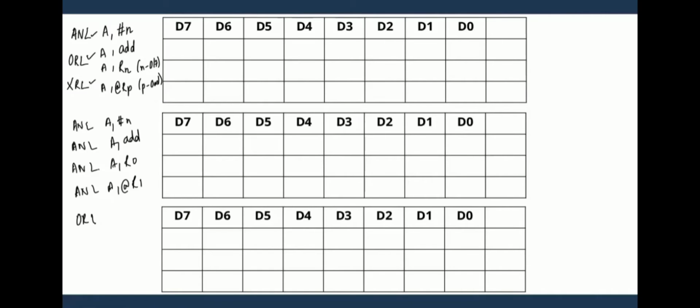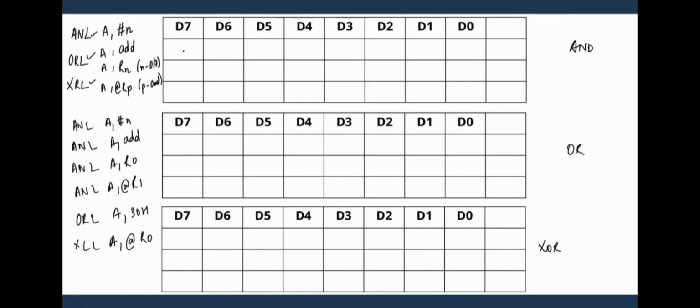Like that ORL also: ORL A comma hash n, and it can be 30H, that is direct addressing, and it can be at the rate R0, that is for indirect addressing. And for XRL also you have A comma at the rate R0. So first we are going to do AND operation, then OR operation, and finally XOR operation.